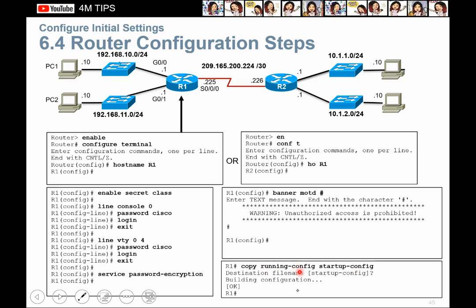When I do this, I'm moving my running configuration, which is in the RAM, to the startup configuration, which is in the NVRAM. So even when I restart my router, all the previous settings for the configuration are still there. That's the reason I copy running-config startup-config.